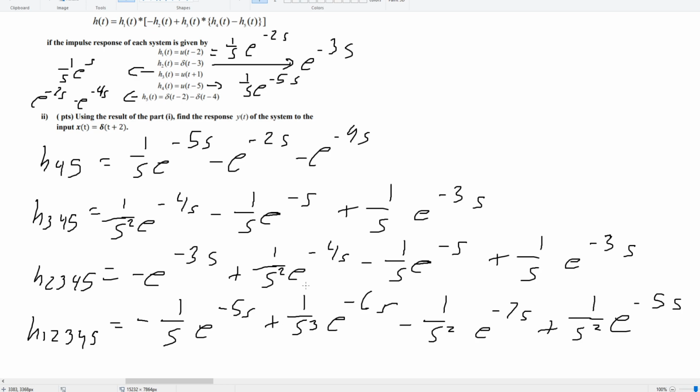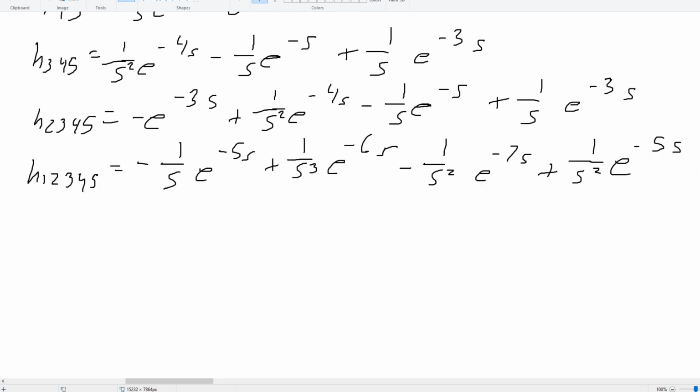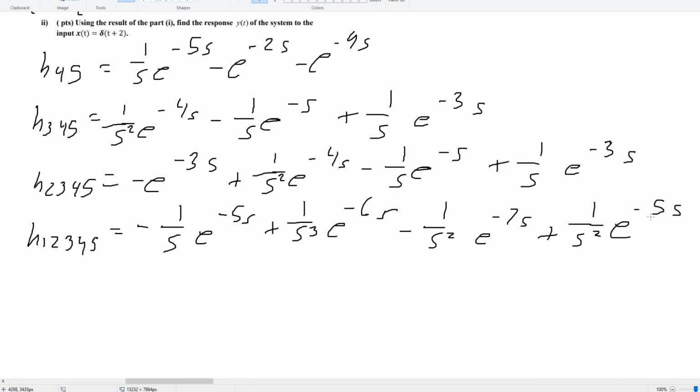If you ever get a 1 over s to the 4th, you know that the answer is wrong, because there's nothing that we learn that's 1 over s to the 4th. I don't even know what that would turn into. So make sure everything is 1 over s cubed and below. This is h of s.